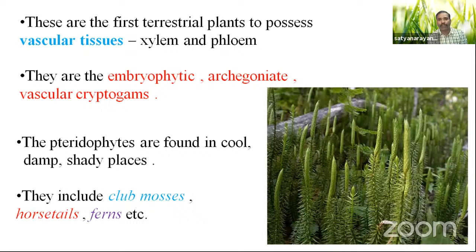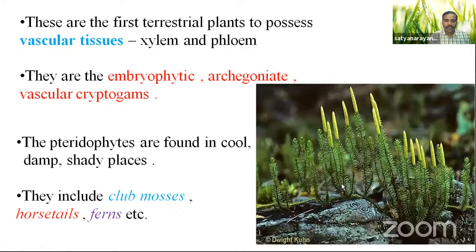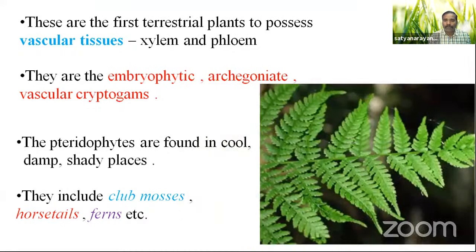They also require water for their reproduction. In pteridophytes, we can see the club mosses. Now this is the club moss plant, and horsetail plants, this is the horsetail plant, and ferns. Ferns generally have macrophylls. The leaves are very large.